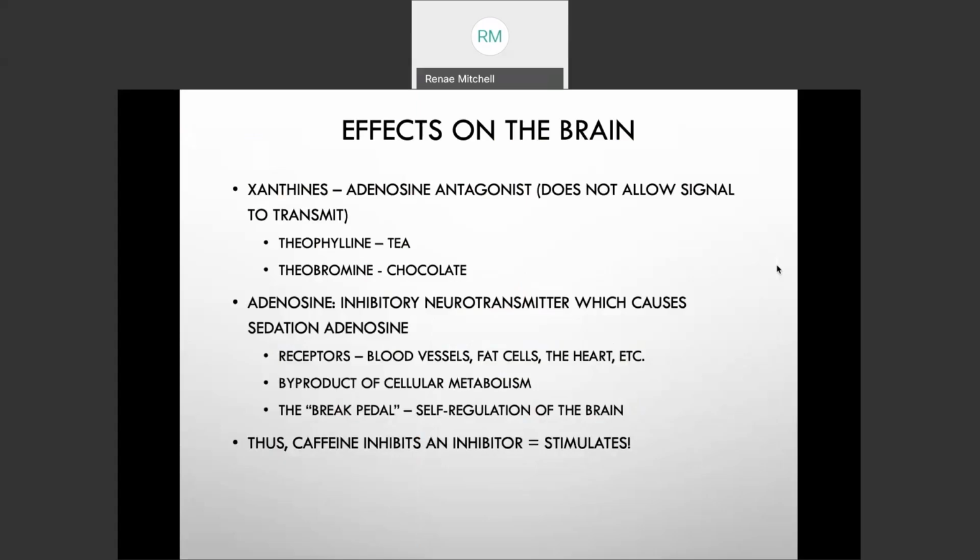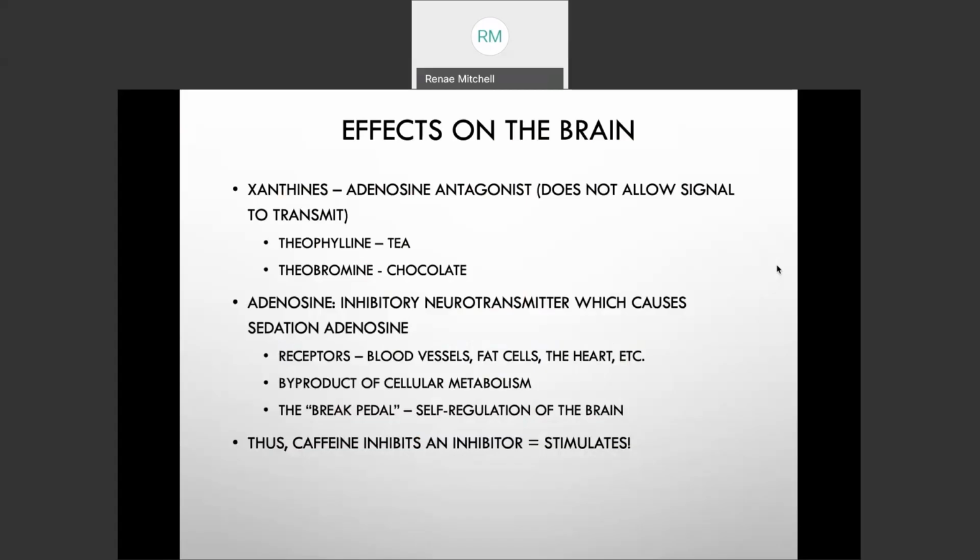Effects on the brain. So caffeine is a stimulant. It has a stimulating effect on the nervous system. Caffeine contains xanthines, which are adenosine antagonists. So they do not allow the signal to transmit at the adenosine receptor sites.